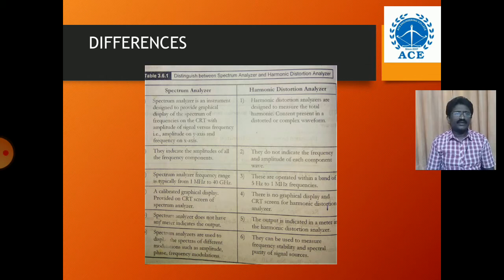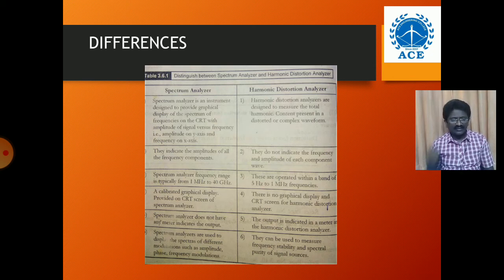One is the frequency selective voltmeter, which operates at frequencies from 20 Hz to 20 kHz, and the second one is the superheterodyne voltmeter. With the heterodyne voltmeter you can measure frequency ranges from 20 kHz to 18 MHz.